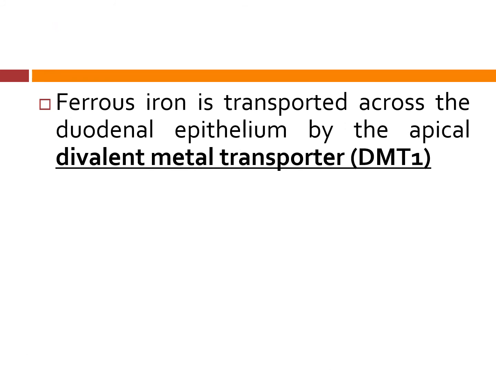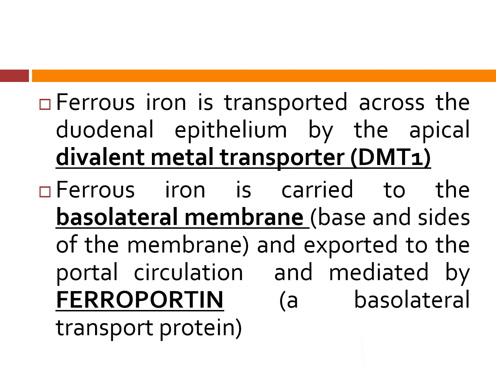Ferrous iron is transported by DMT1 across the duodenal epithelium. It is carried to the basolateral membrane, the base and sides of the membrane, and exported to the portal circulation, mediated by ferroportin, a basolateral transport protein.